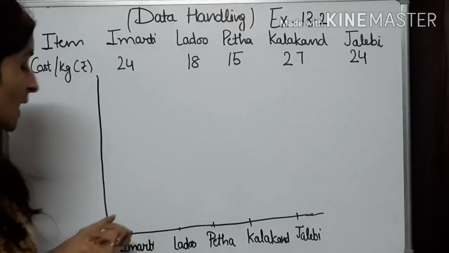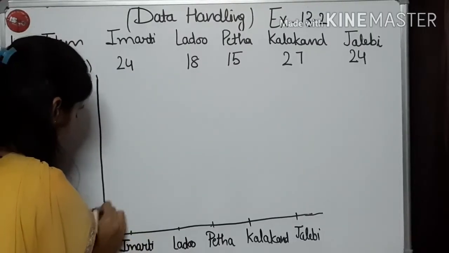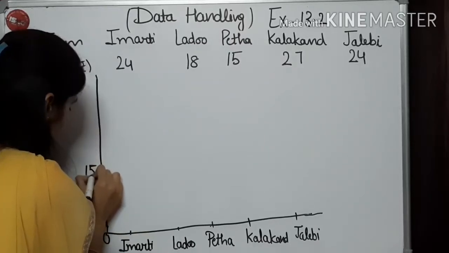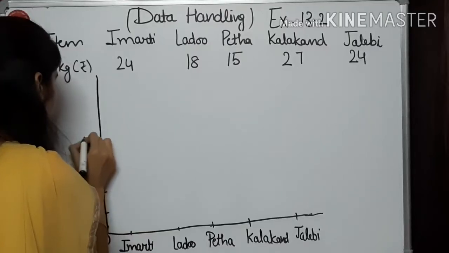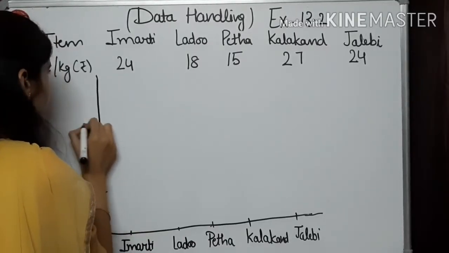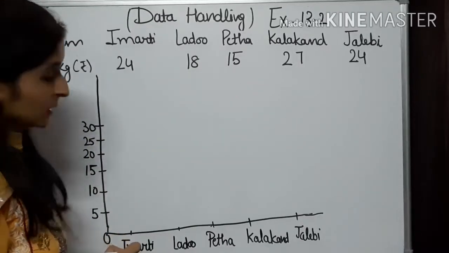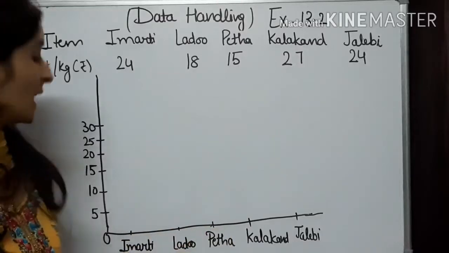But I am going to take here 0, after 0 I am going to write 5, 10, 15, 20, 25, 30.